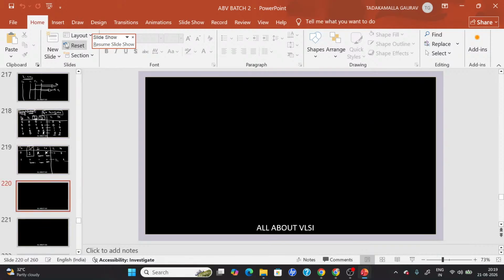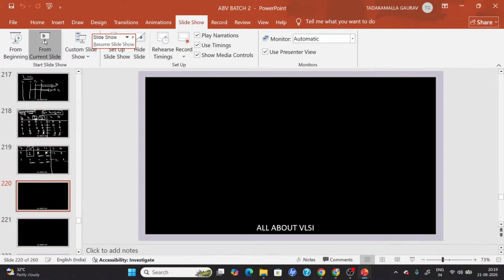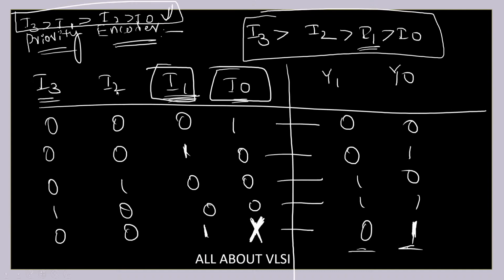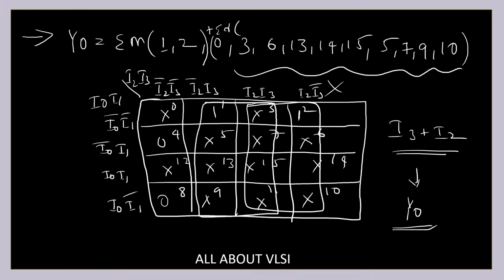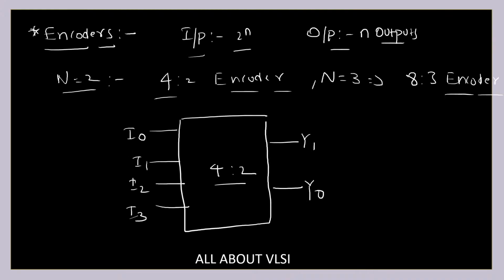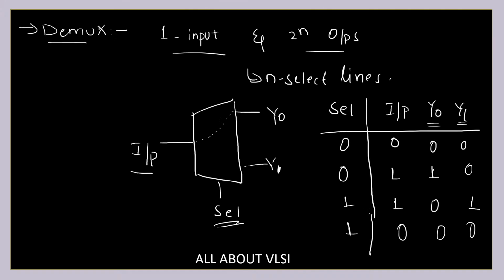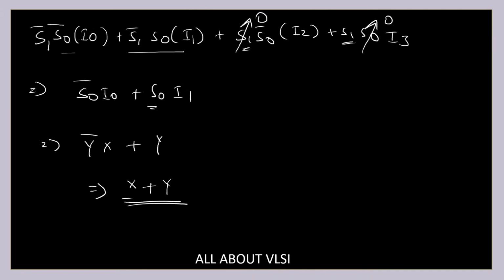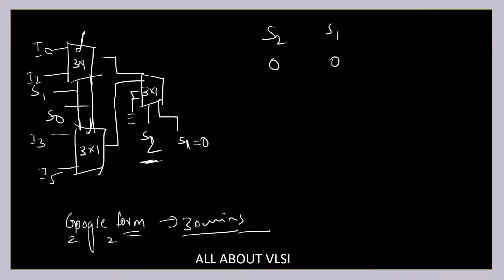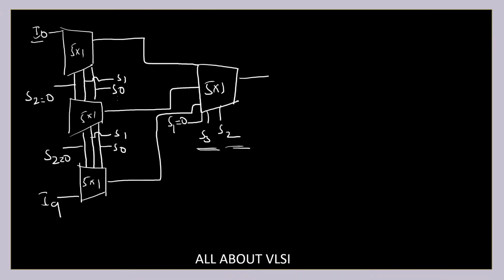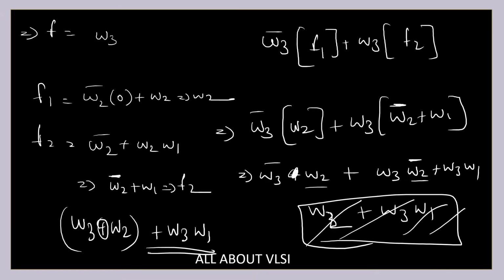Yes. So coming to the previous sessions, we have started our discussion regarding the priority encoder. We have seen the encoder and the priority encoder, and we also discussed the demultiplexer and derived everything, and we have done a lot of multiplexer related problems in our previous sessions, right?